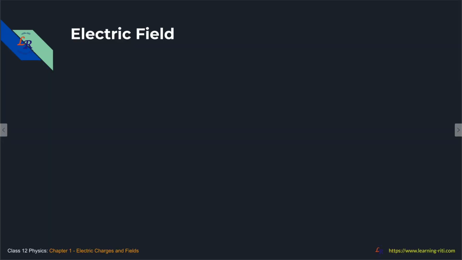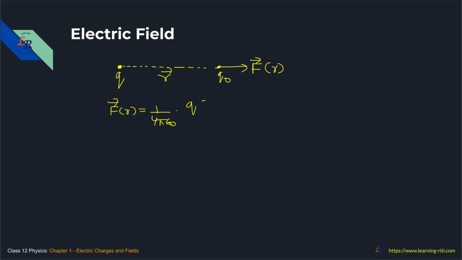From our previous lecture discussion, if you remember, we have seen that if there is a charge q and another charge q0, separated by a distance r, the force on q0 due to charge q can be calculated, representing r as the vector, as F = 1/(4πε0) · q q0 / r² r̂, where r̂ is the vector r divided by its magnitude.